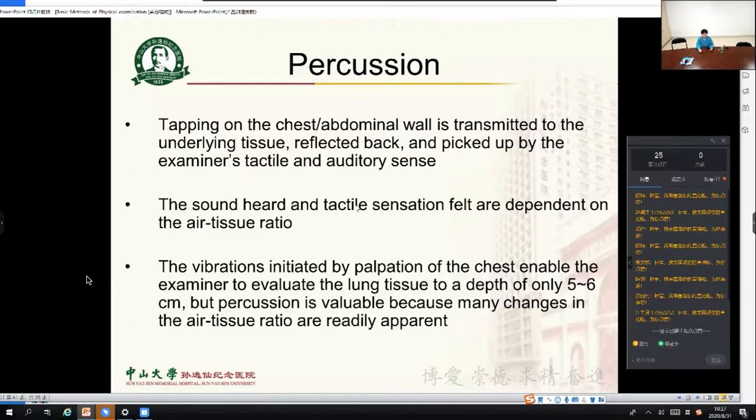The vibrations initiated by palpation of the chest enable the examiner to evaluate the lung tissue to a depth of only 5 to 6 centimeters. But percussion is valuable because many changes in the air-tissue ratio are readily apparent when we perform percussion. So it is different from palpation.